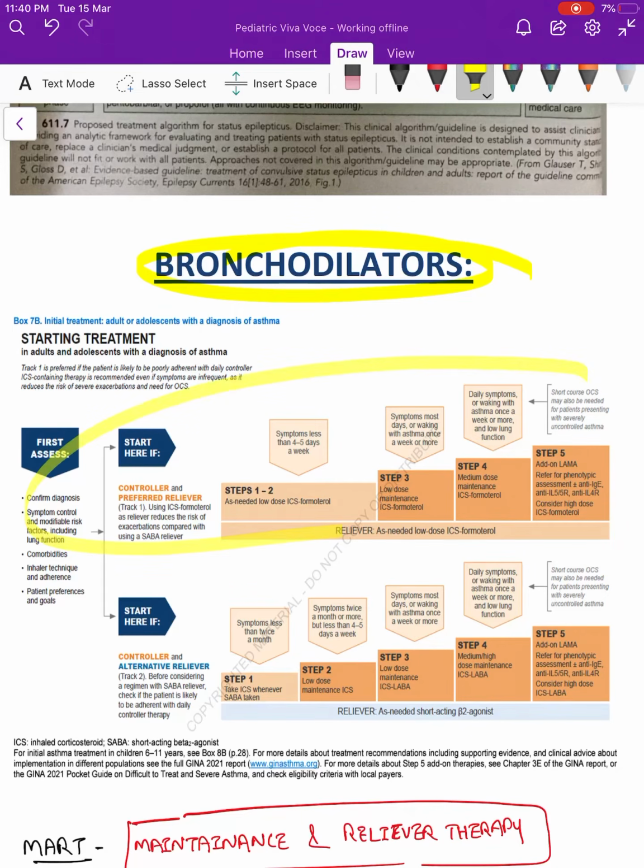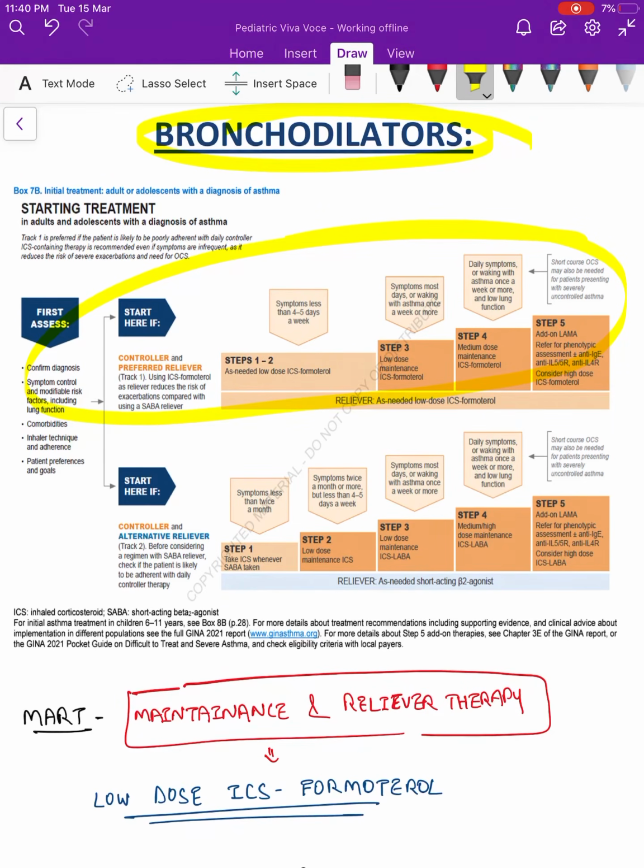Now the one that is above is the preferred one. The change that has been made is in the reliever therapy and controller therapy as well.